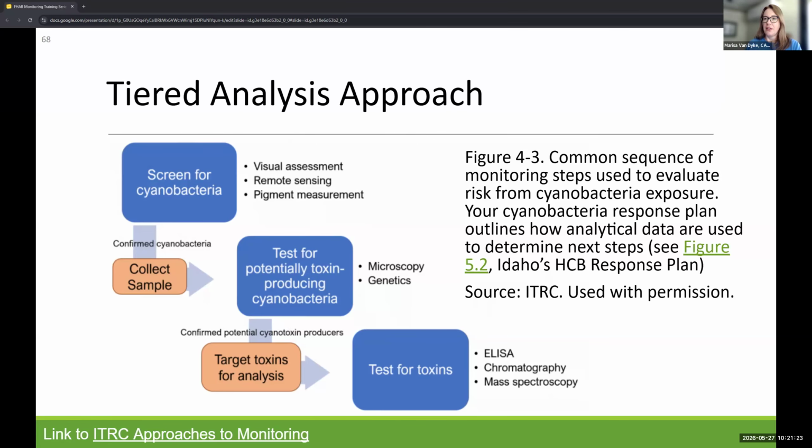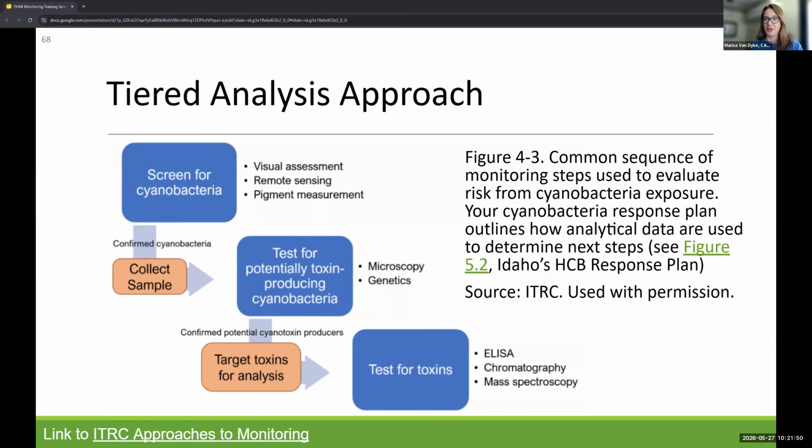So this tiered approach really has strengths in being cost effective, but I do want to highlight that it's not without some level of potential error, as this is not a perfect system. Cyanobacteria monitoring is complex, so this is really just a strategy to be comprehensive and conservative with your resources.